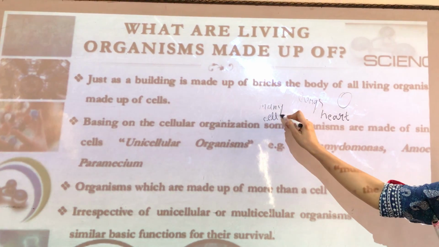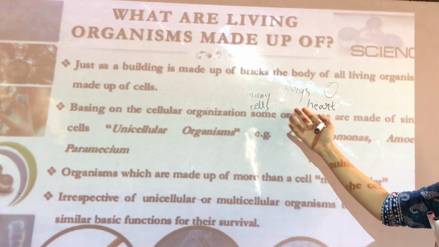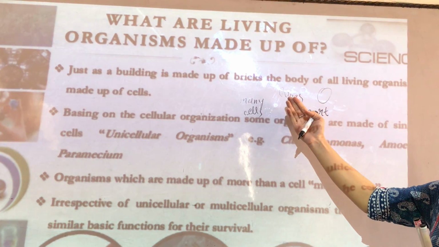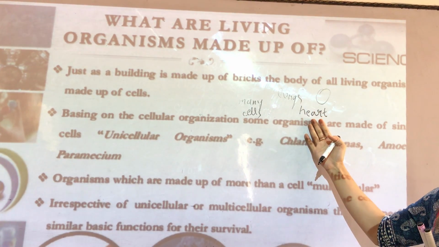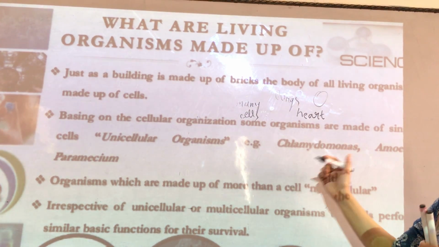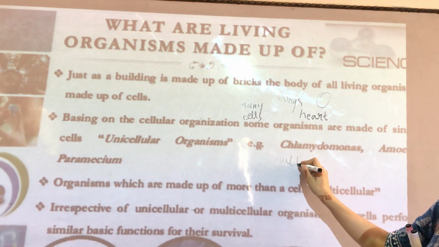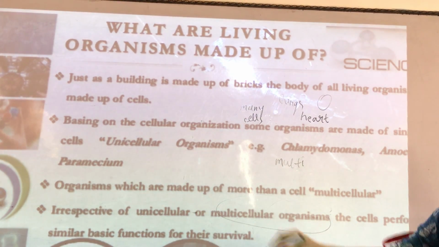Do you think that one single cell can do the work of all these organs, can work as lungs, or the same cell can work for the heart? No, we need a lot of cells because the human body is multicellular. Multi means many. So many cells, multicellular organisms.